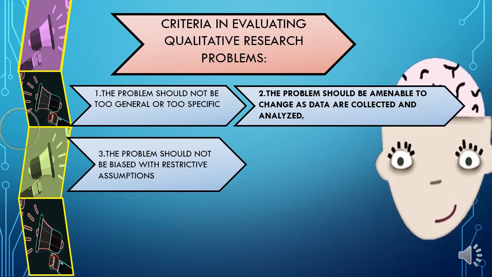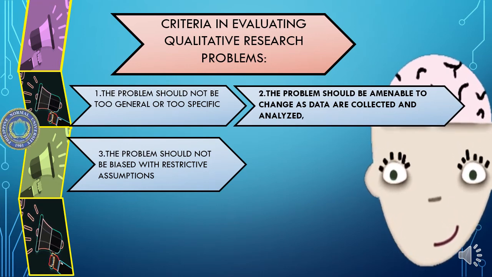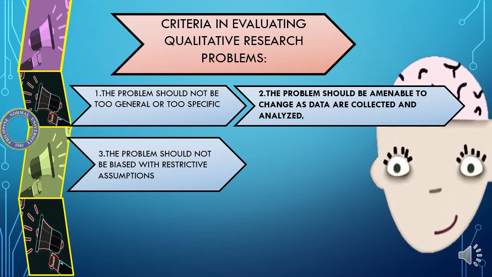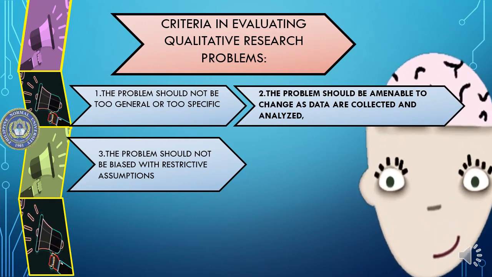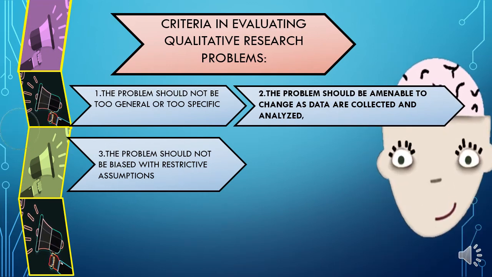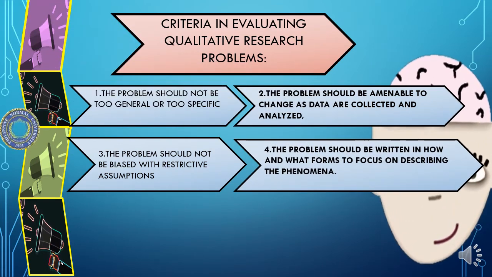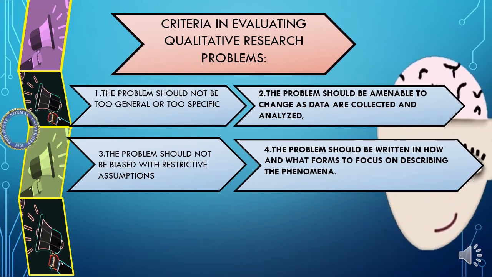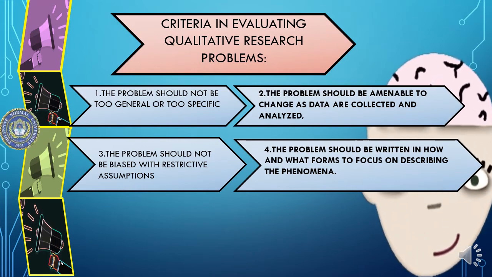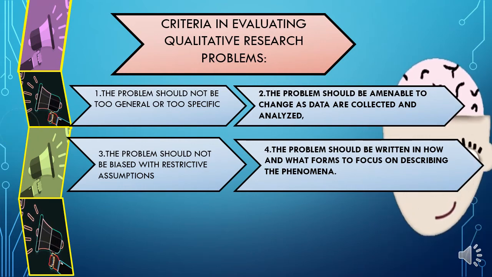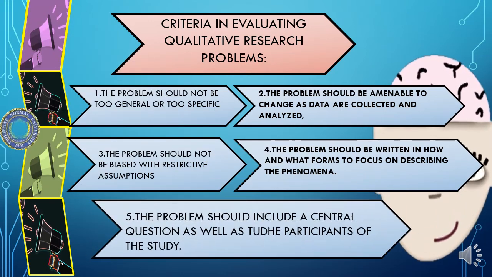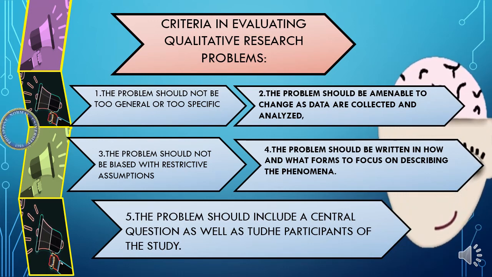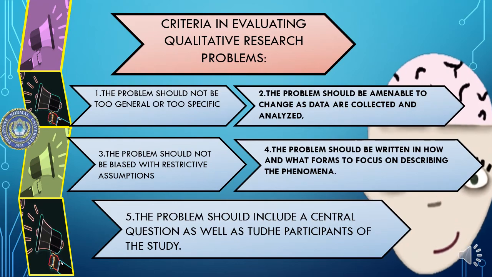Third, the problem should not be biased with restrictive assumptions, and this is very important to underscore because ethical standards should be followed. Fourth, the problem should be written in how and what forms. Remember to focus on describing and exploring the phenomena or the problem. And last, the problem should include a central question as well as the participants of the study.